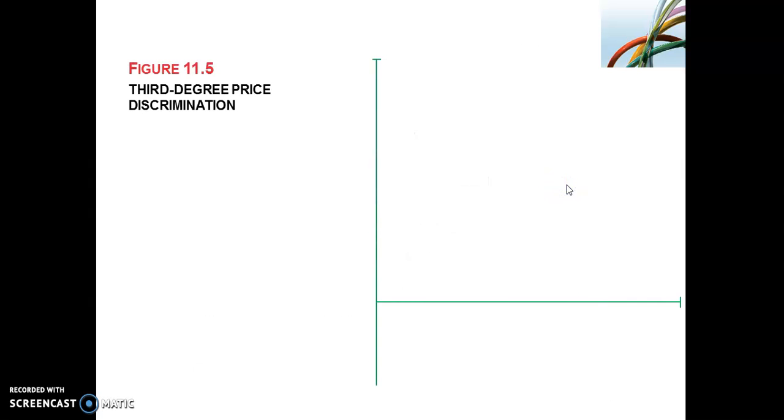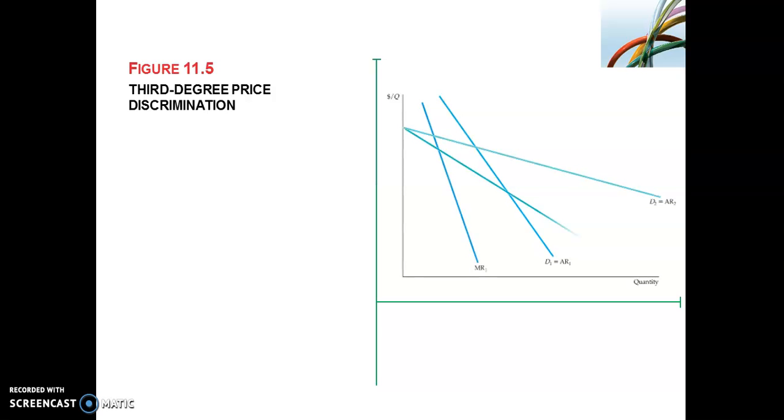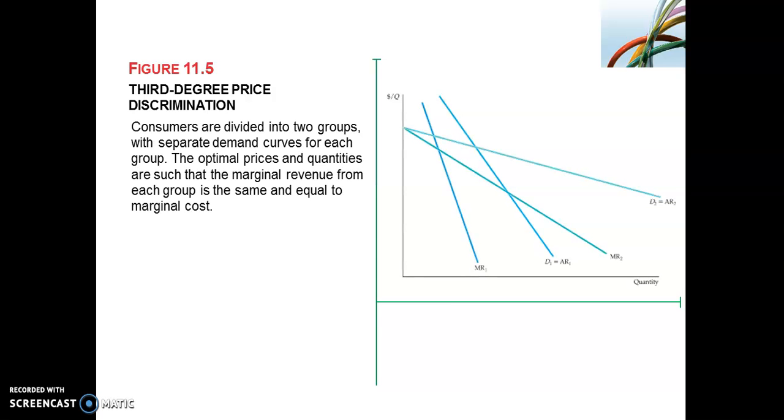Now let's have a look at the next figure, figure 11.5, which shows third-degree price discrimination graphically. So we have two demand curves. One you can see is less elastic than the other, and which is that? So here you can see this demand curve is steeper or less elastic than this demand curve over here. So it represents the demand curve for two distinct consumer groups.